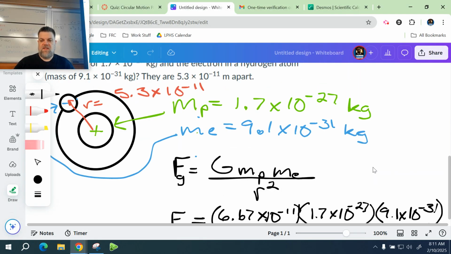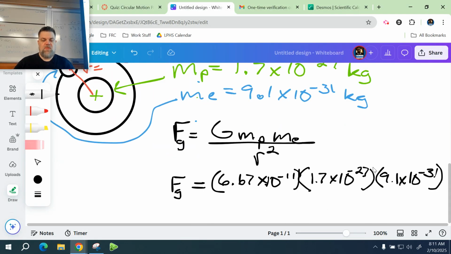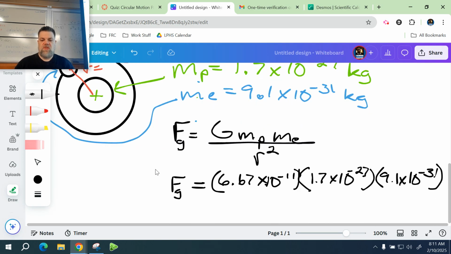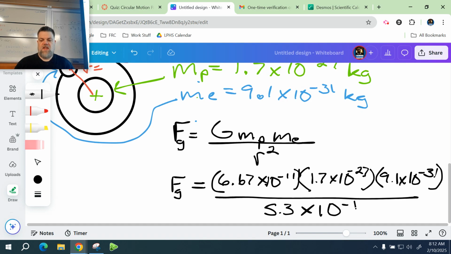I'm reading ahead here and it's throwing me off a little bit. And then the distance between them is 5.3 times 10 to the negative 11.